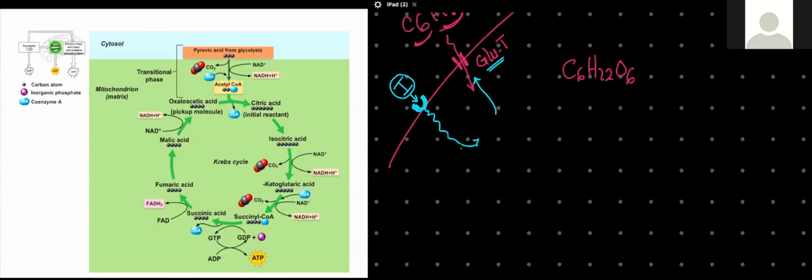The very first step in order for you to break down the glucose by oxidation is to break it down into 2 pyruvic acids. So each of them has how many carbons?